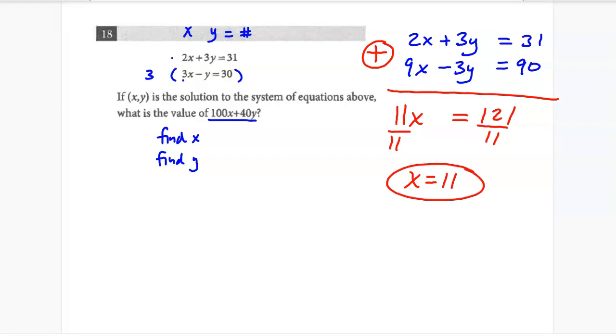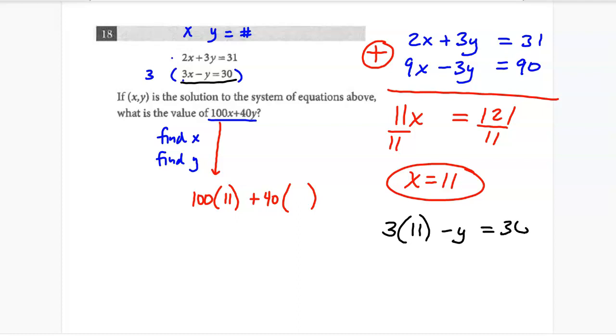All right. So I now know what x is. So part of my answer here is going to be 100 times 11 plus 40 times y. I've got to now get y. Well, once I found 11, I can substitute back into one of the two original equations. So maybe I'll use this one right here. I'm going to go 3 times x, which I now know, minus y is 30. 33 take away y is 30.